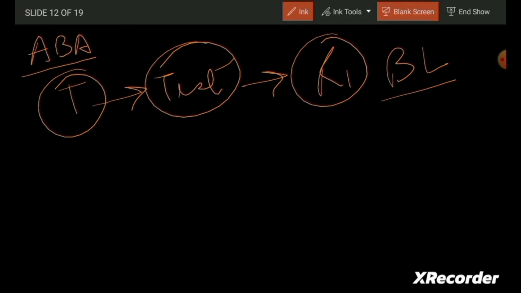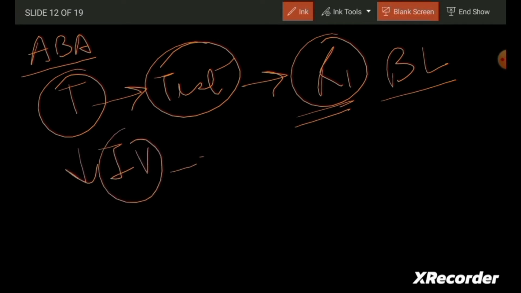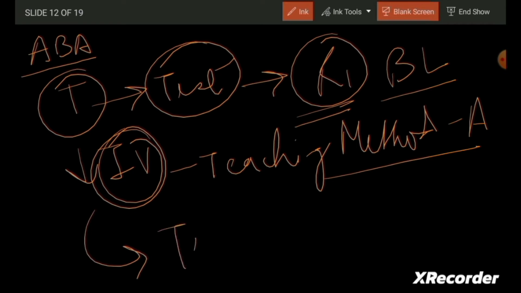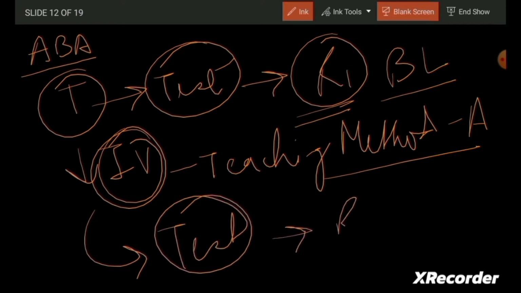After the test was given and the results were declared and noted, we introduced the independent variable, that is the teaching method A. Now this independent variable was introduced, and after that the same test was given again. And now the results came out to be R2.